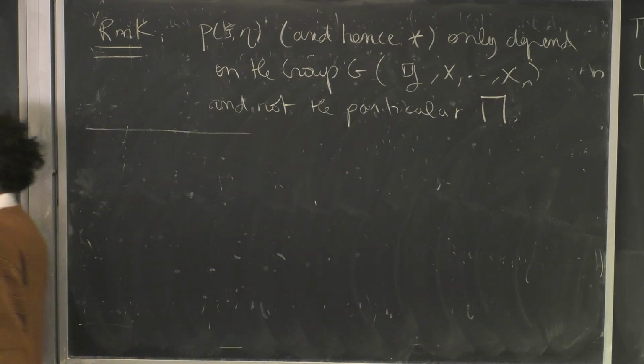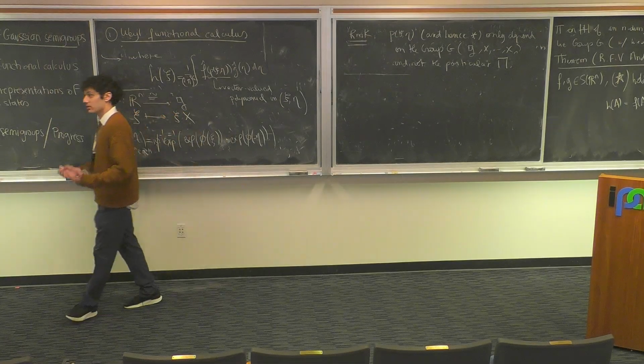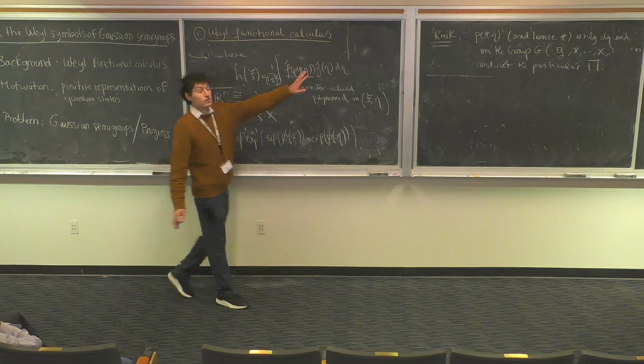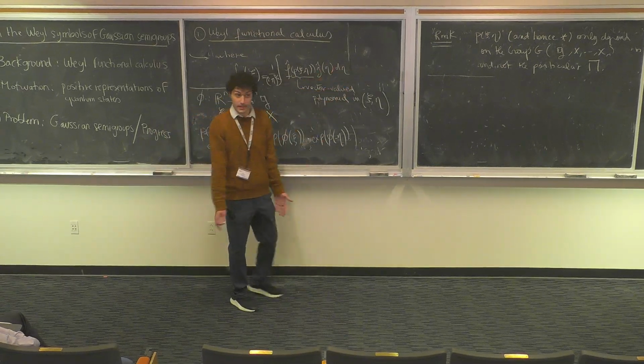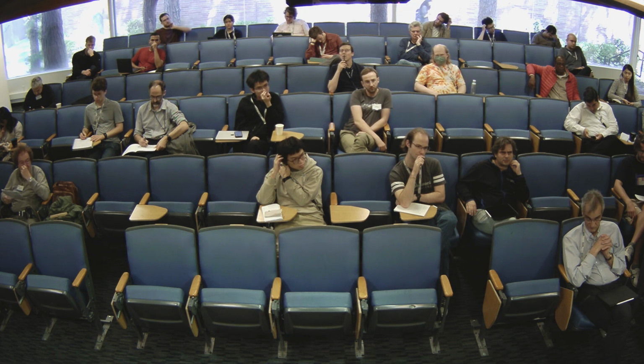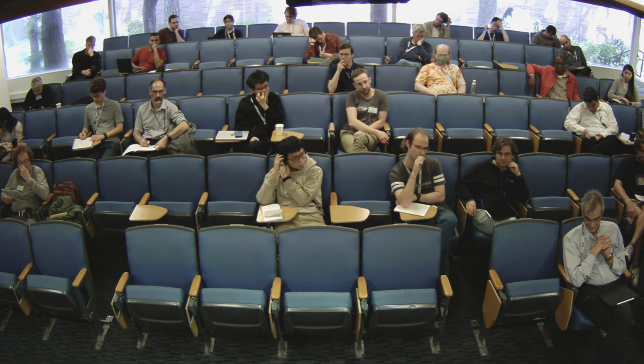So even if the operators generated a different unitary representation, as long as they map from the same basis, this skew product on my space of symbols will be the same. The representation must be somehow non-trivial. I mean, if I take the trivial representation, it gives me... Right. I mean, it has to be a faithful unitary representation, yes.